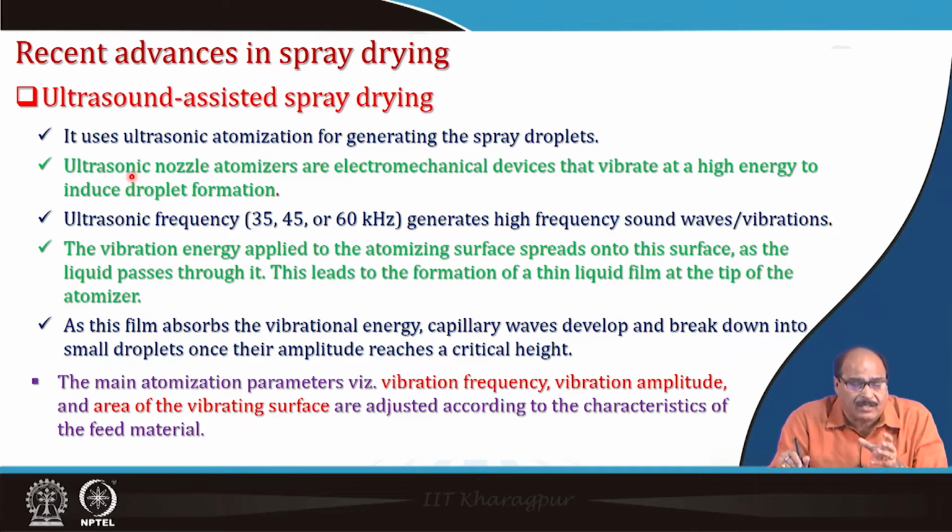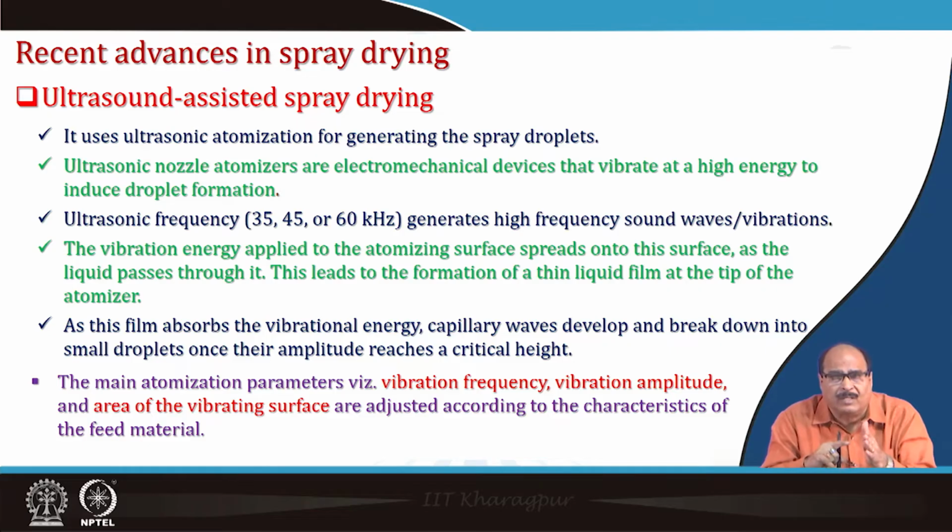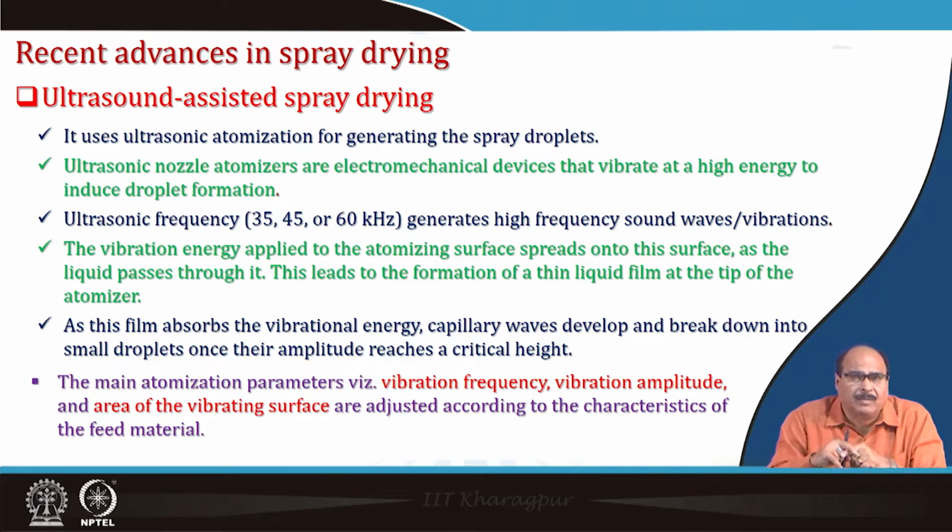It uses ultrasonic atomization for generating the spray droplets. Ultrasonic nozzles, or atomizers, are electromechanical devices that vibrate at a high energy to induce droplet formation. The vibration energy applied to the atomizing surface spreads onto the surface as the liquid passes through it, and this leads to the formation of a thin film at the top of the atomizer.